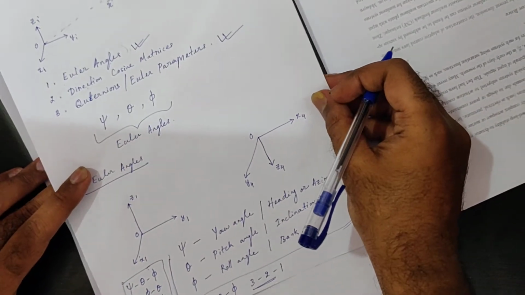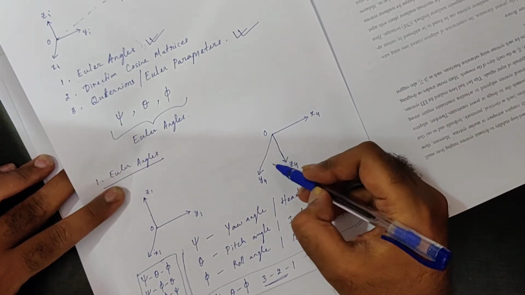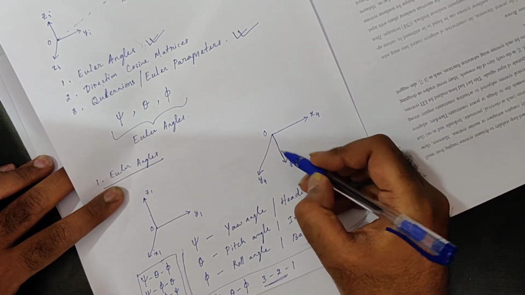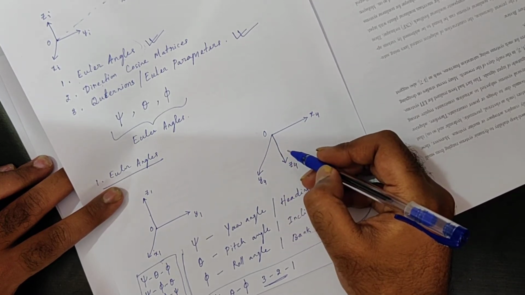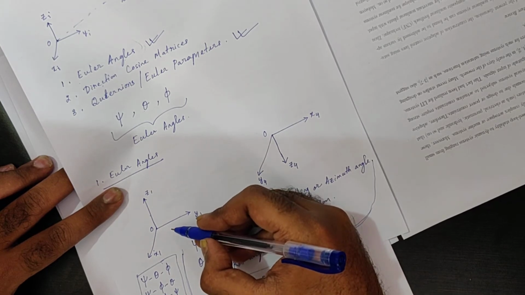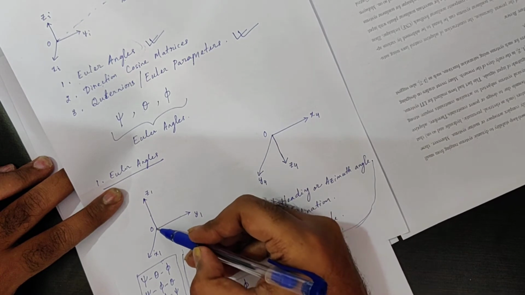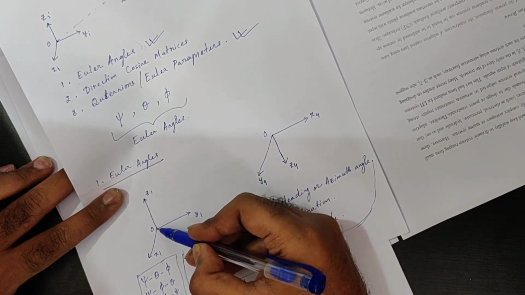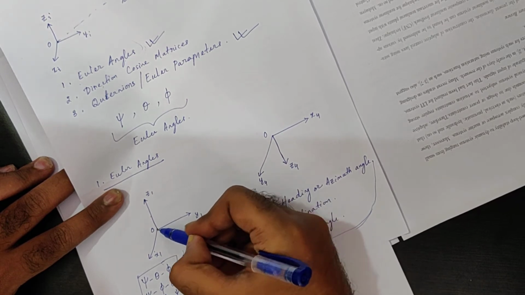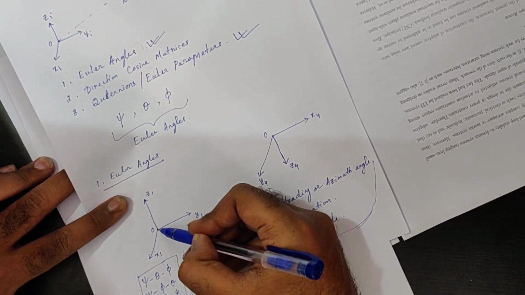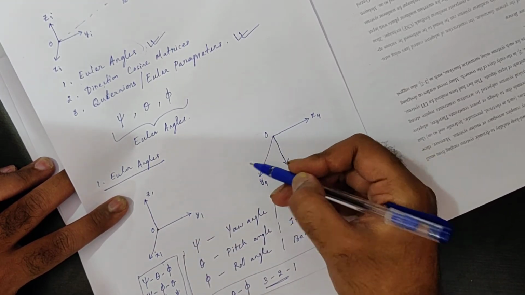If this x4 y4 z4 coordinate system is our body fixed coordinate system, and this is our earth fixed coordinate system, we want to transform the vectors in the earth fixed coordinate system to the body fixed coordinate system, or the other way around.